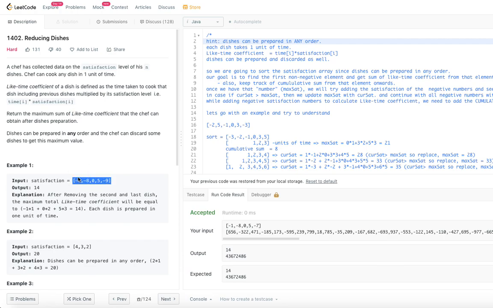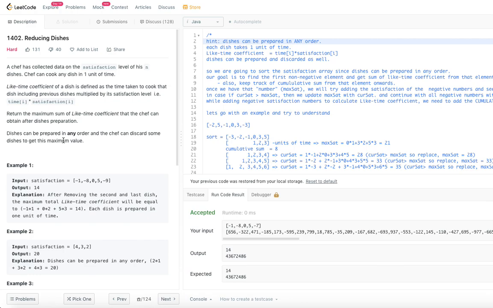This is the satisfaction level of the dish: -1, -8, 0, 5, -9. Typically, if the numbers are negative, the satisfaction is lower, and if the numbers are positive, the satisfaction is higher. So that's what it is.